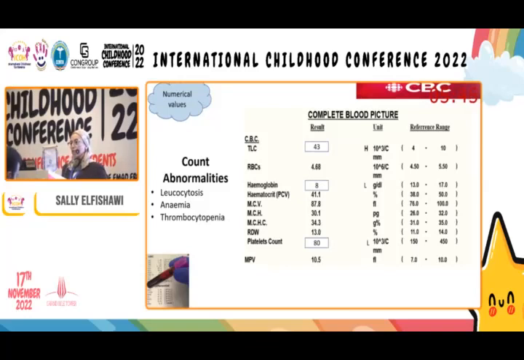When you see this case, the first thing that should trigger you, whenever you see a white blood cell abnormality, the one thing that you should never, ever go lightly with is the increase in the total leukocytic count.